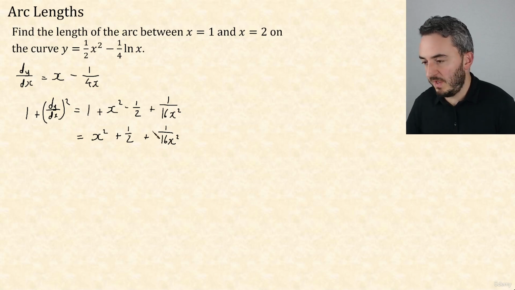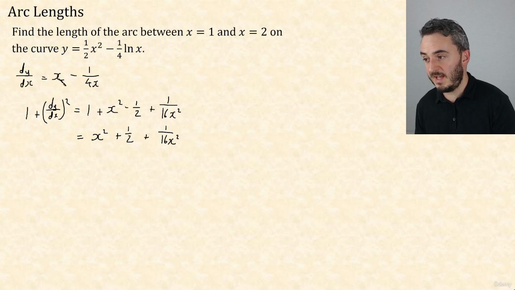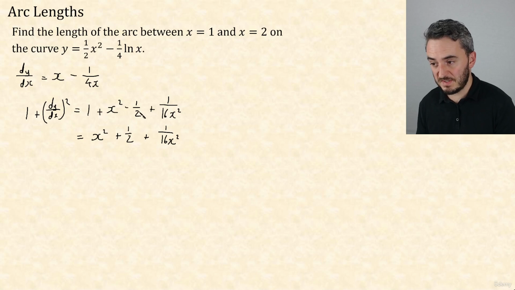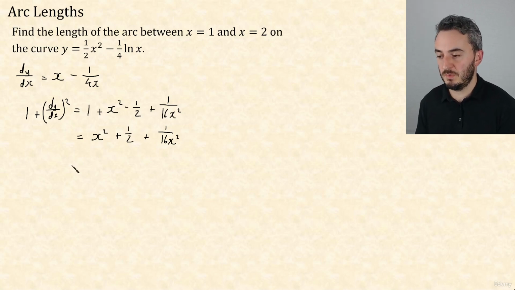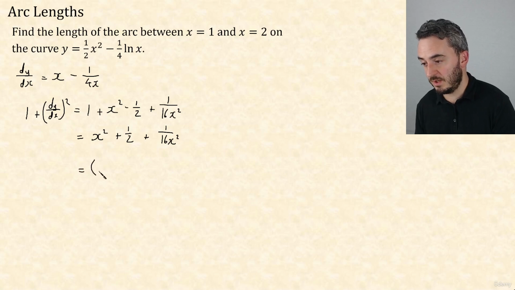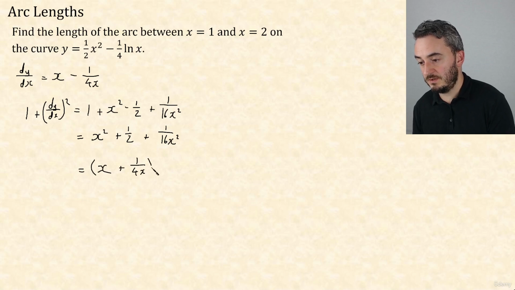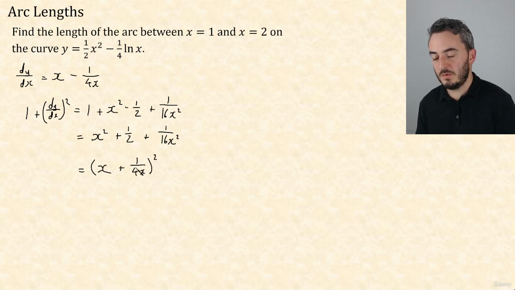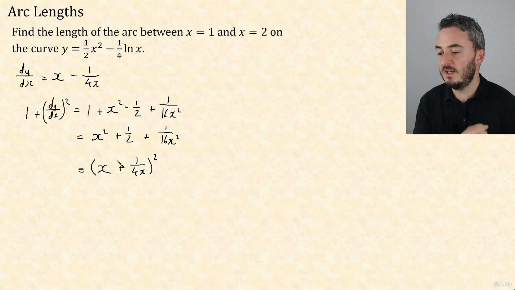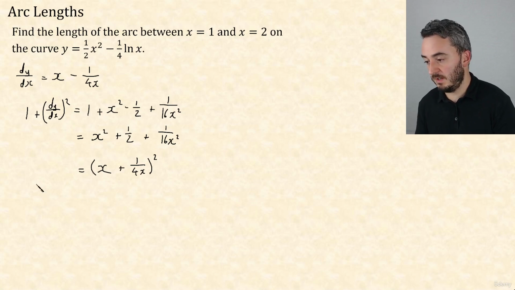Now we need to square root that, but notice that when I squared x minus 1 over 4x, I got x squared minus a half plus 1 over 16 x squared. Now I've got x squared plus a half plus 1 over 16 x squared, suggesting that this factorizes as x plus 1 over 4x, all squared, and indeed it does. It's quite neat that when you have something like minus a half and then plus 1, which just makes it plus a half, you can effectively factorize it the same way as you expanded it.